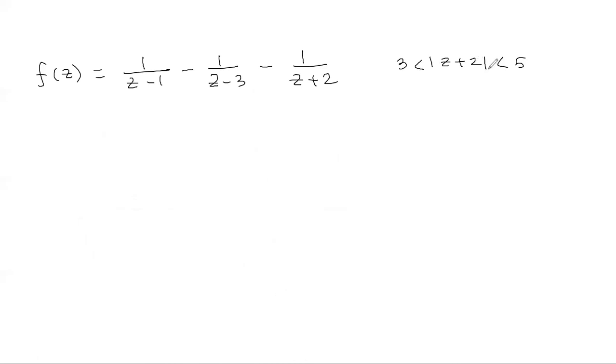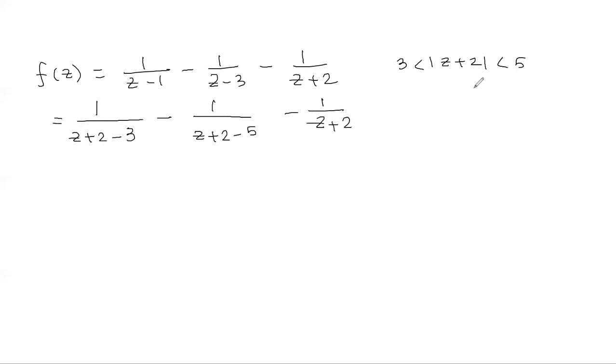Here you can see we have to write the expansion in terms of z + 2, so the powers of z + 2 will be generated. This can be written as z + 2 − 3. Next, this can be written as z + 2 − 5, and here we have 1/(z + 2), so it remains unaltered.